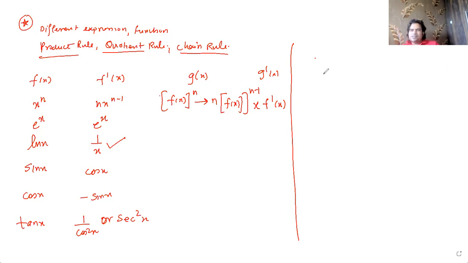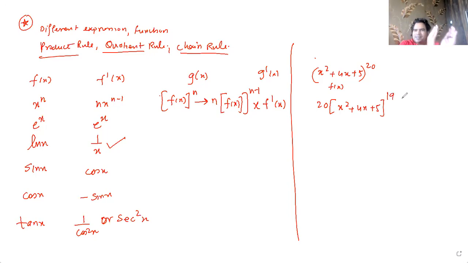Now let's take an example. If I have x squared plus 4x plus 5, to the power 20. First, this is the function here, and I'm not going to touch it in the first step. So it'll be 20 times x squared plus 4x plus 5 to the power 19.